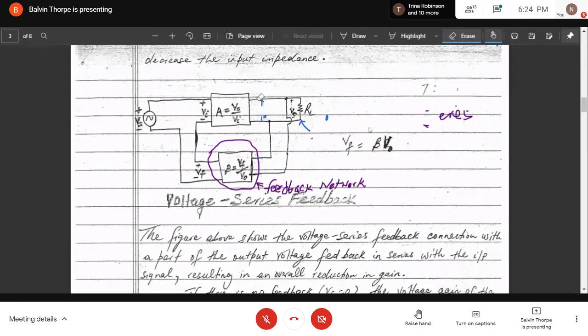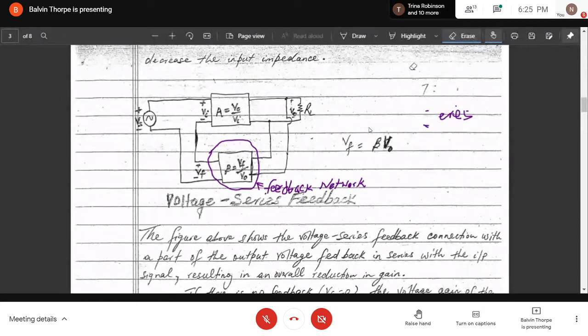The network is a complete thing right now, okay? So remember, this is a voltage series circuit, okay?